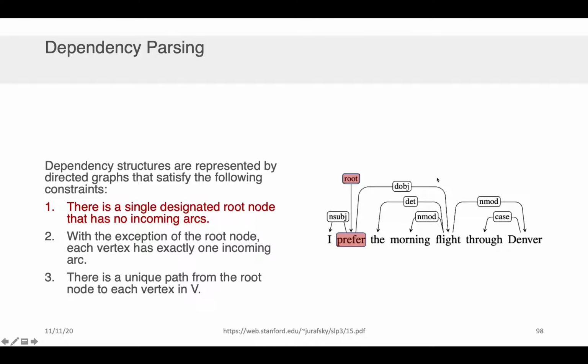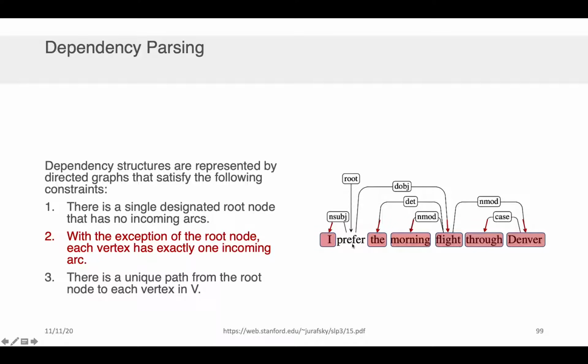You have to specify which of the words is going to have that root node attached to it, and you can't have anything coming into the root. So notice, to be very clear, root attaches to prefer, but prefer doesn't have an input arrow from any of the other words in this sentence. So that's one of the qualities that has to be satisfied.